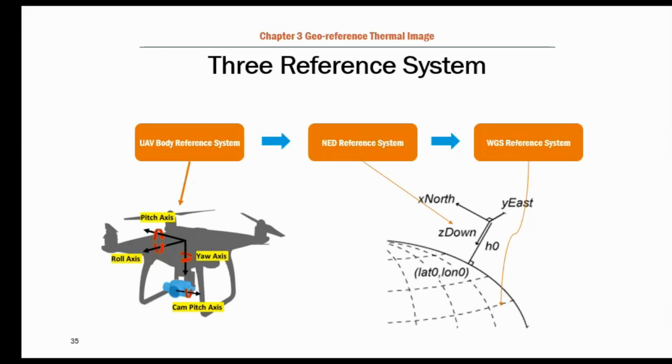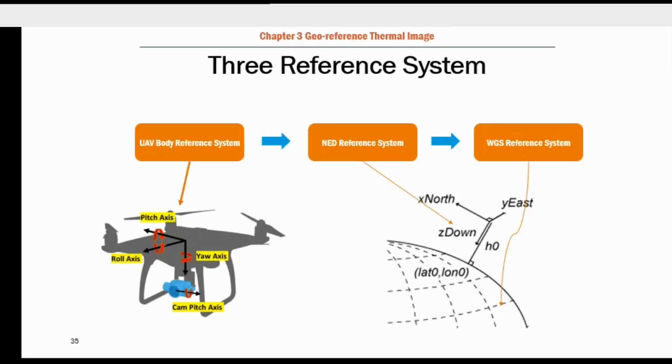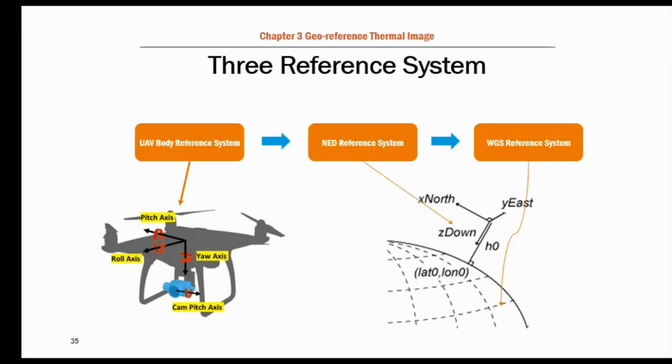In the process of georeferencing, there are three different reference systems. First is the UAV body reference system, and the second is the NED reference system. NED means north, east, and down, and the third is the WGS reference system.